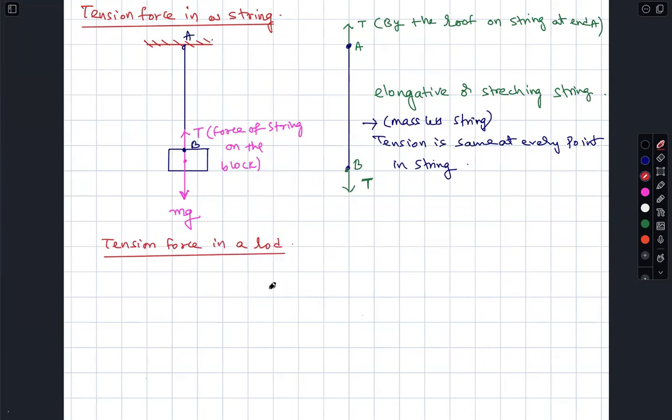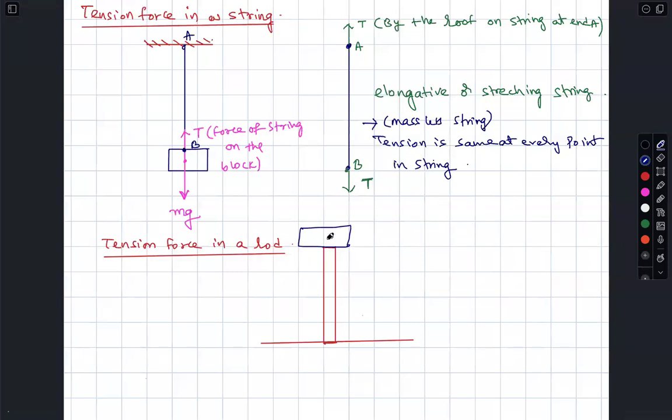For example, you have a rod like this, held vertically, and that is the floor. And now I have placed a block on this.